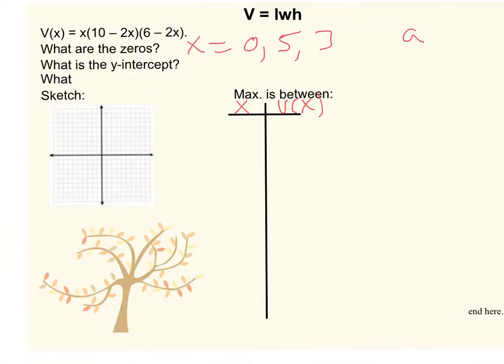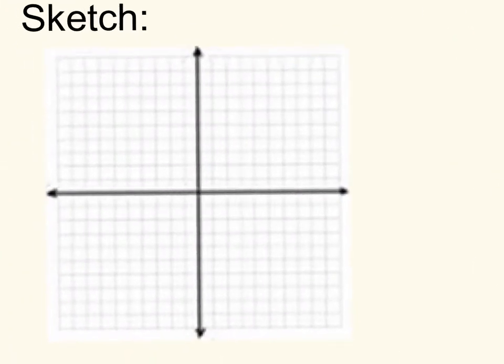Once again, the value for a, the leading coefficient, is 1, which means this graph is going to look something like this, with the left tail going down and the right tail going up. I'm going to blow up my graph here.